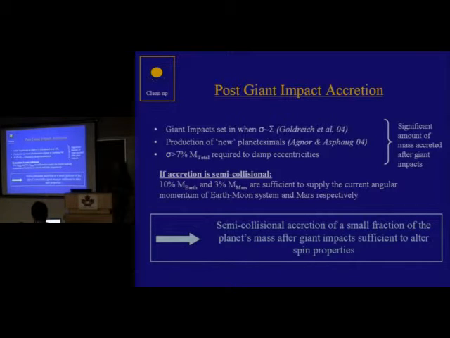I'm not saying that the Earth-Moon system and Mars got the entire momentum from the post-giant impact accretion, but even if just a really small fraction of their final mass came in that last cleanup stage, they would have significantly altered their spin properties, and again, it would favor prograde rotation and low obliquities.